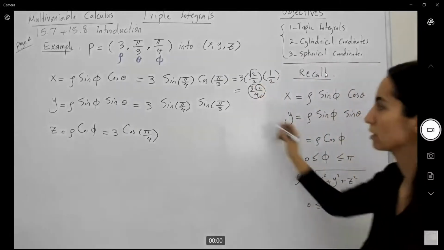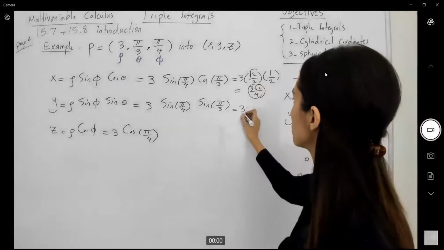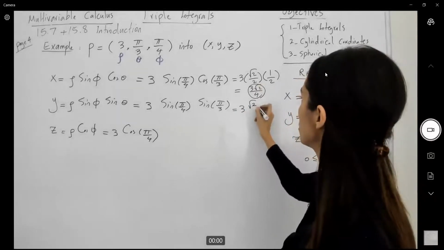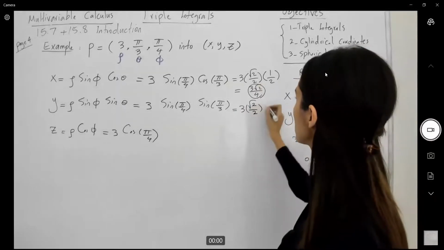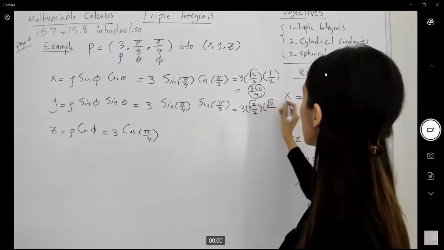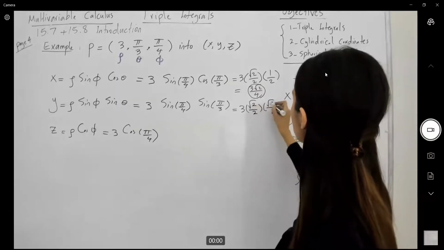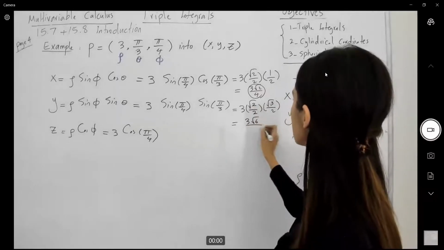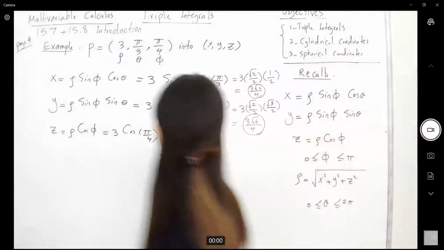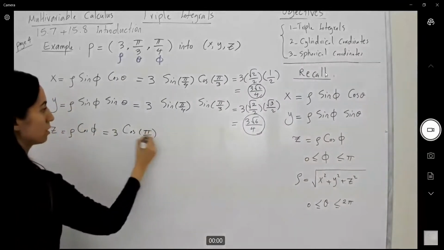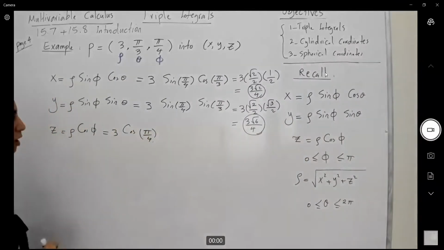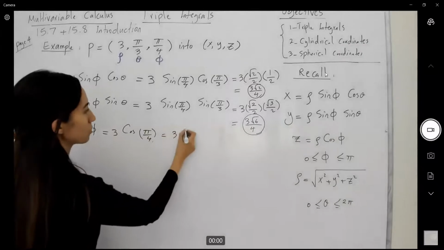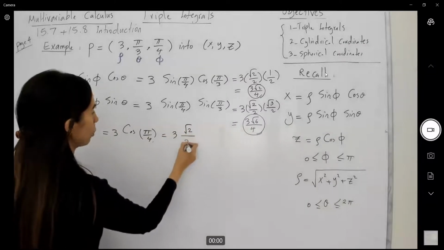This is our x. How about our y? We get 3 square root of 2 divided by 2 times square root of 3 divided by 2. Well, here I get 3 square root of 6 divided by 4, and finally I have cosine of pi over 4, 3 times square root of 2 divided by 2.